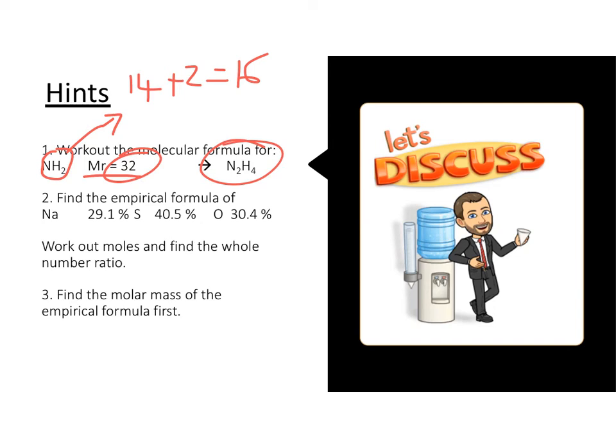For number 2, a little hint is, remember, the first thing you have to do is work out the number of moles of each of these and then find your whole number ratio. Number 3, exactly the same way, but work out your empirical formula first and then look at working out your molecular formula. So the answers are coming up now.